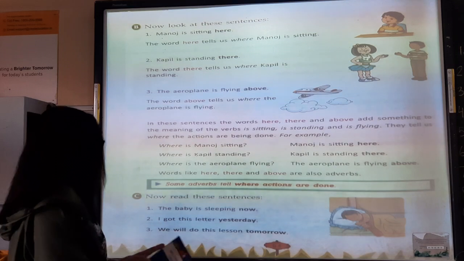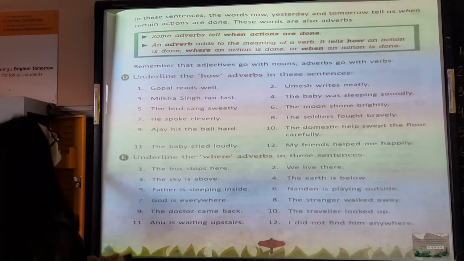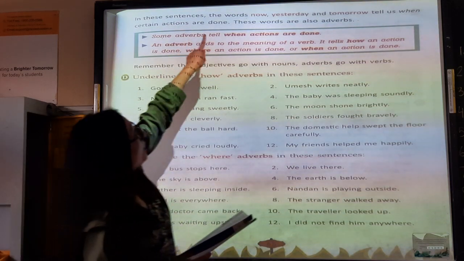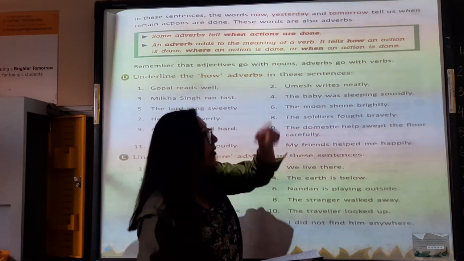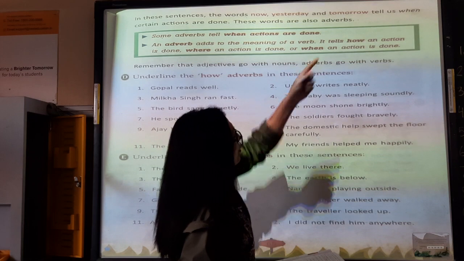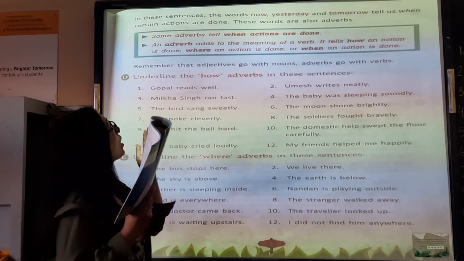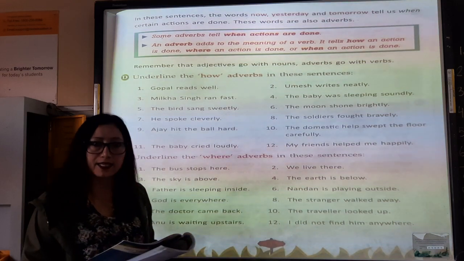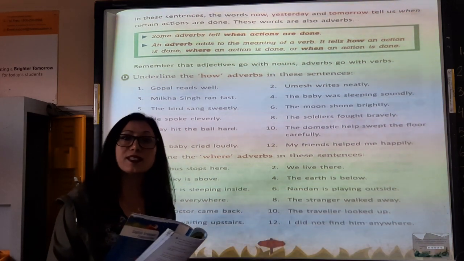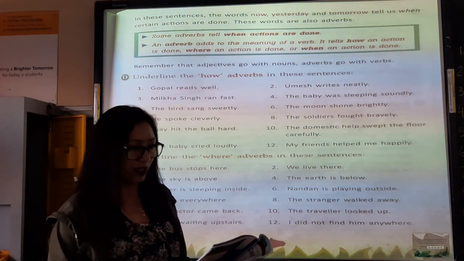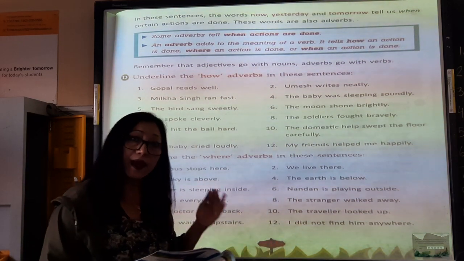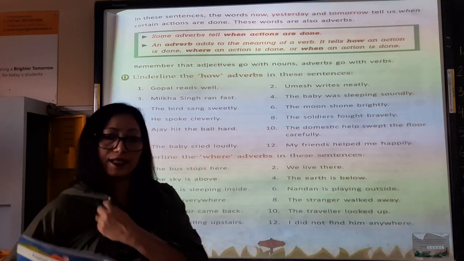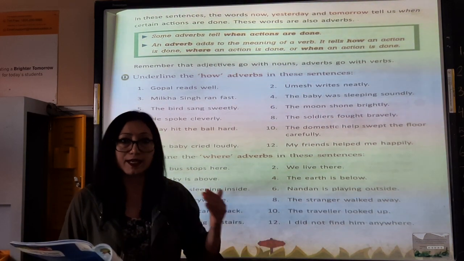Tomorrow. So, in these sentences, the words now, yesterday and tomorrow tell us when certain actions are done. These words are also adverbs. Some adverbs tell us when an action is done. So, when actions are done.